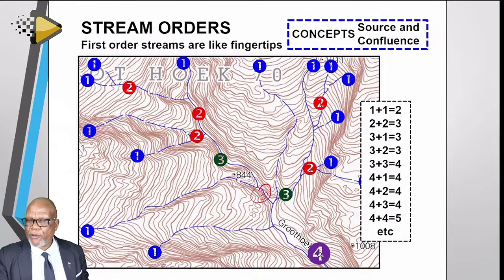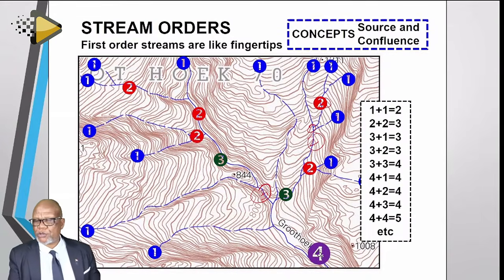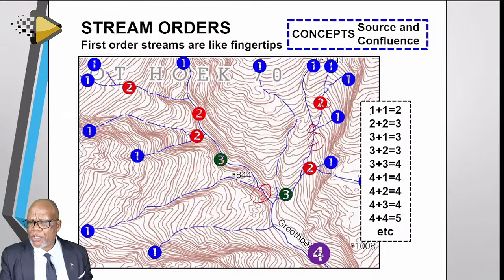You can see here, we have 1 and 1, it makes 2, but we have 1 here, then you have 2 here, they all join here, it remains 2. You have 1 here and 2 here, it is also going to remain at 2, because they are of a different order. So stream order, we're just looking at 1 and 1.